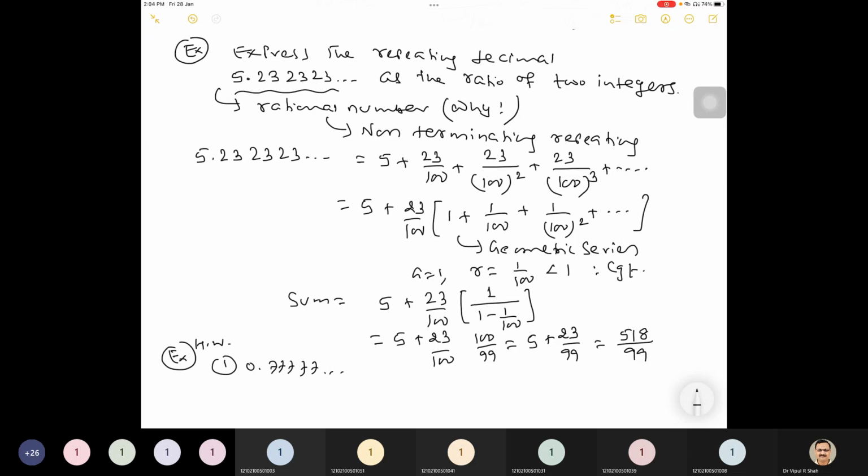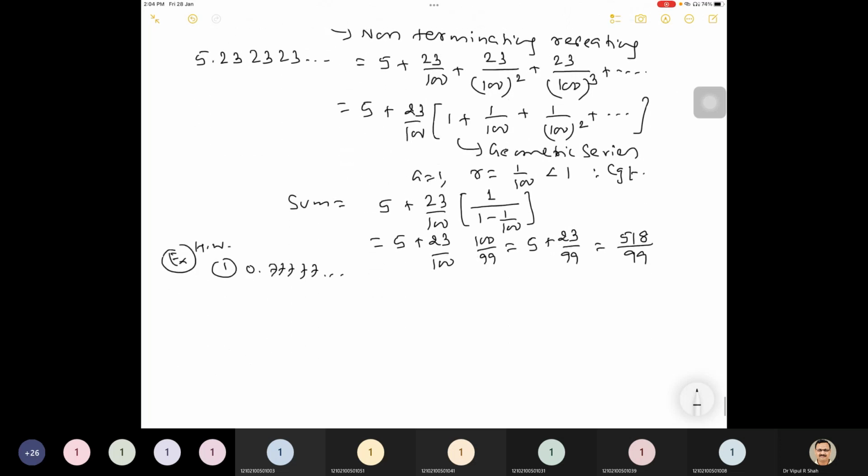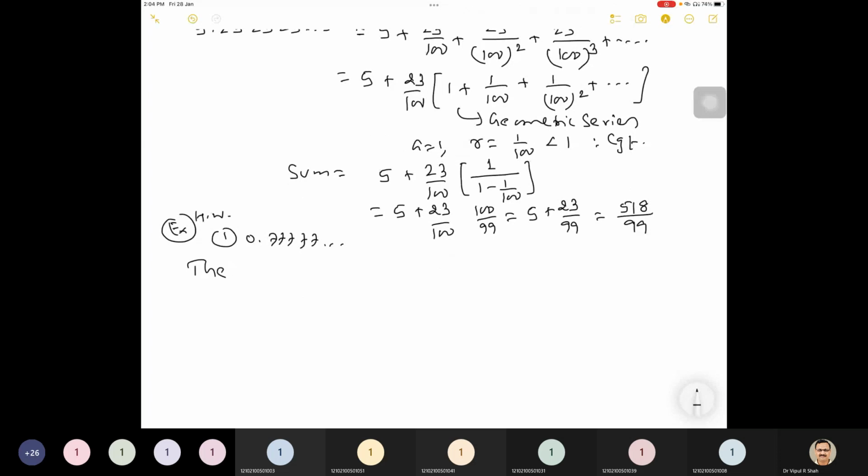So next part is like this. There is one theorem. It says like this.